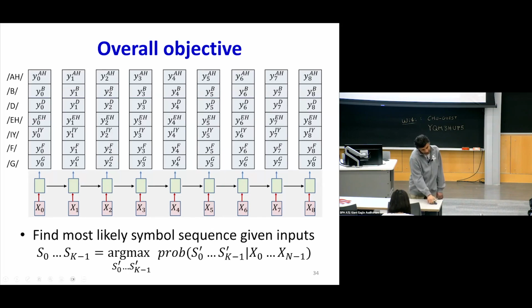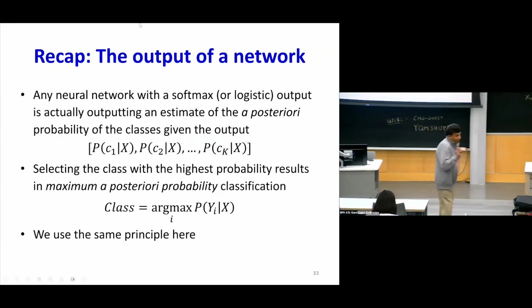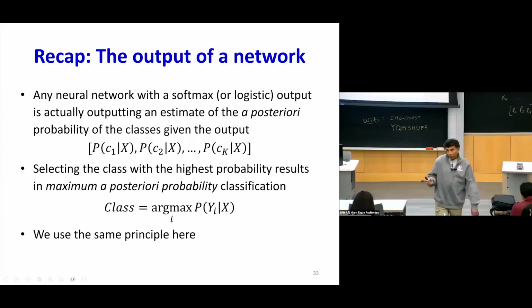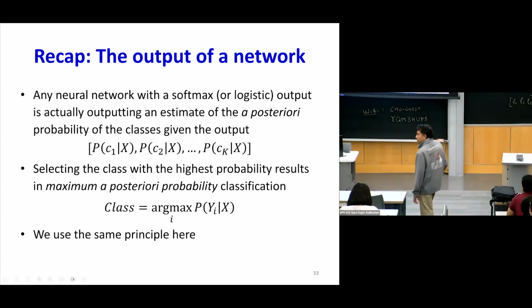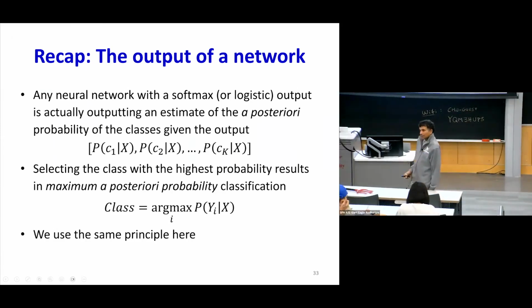Anytime you perform classification, again, I remind you, what we are really doing is picking the class with the highest probability, right? In our case, a class is a sequence of symbols, except we do not know how long the sequence is. All we know is that it can have a length of anything between 1 and the number of inputs.